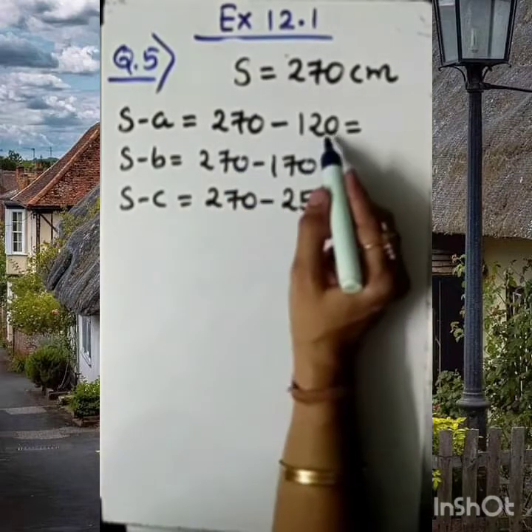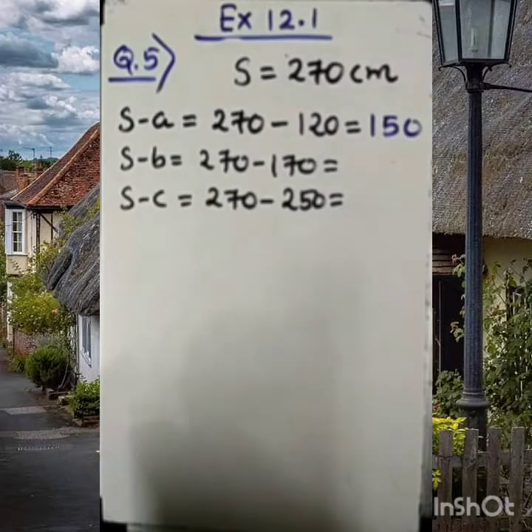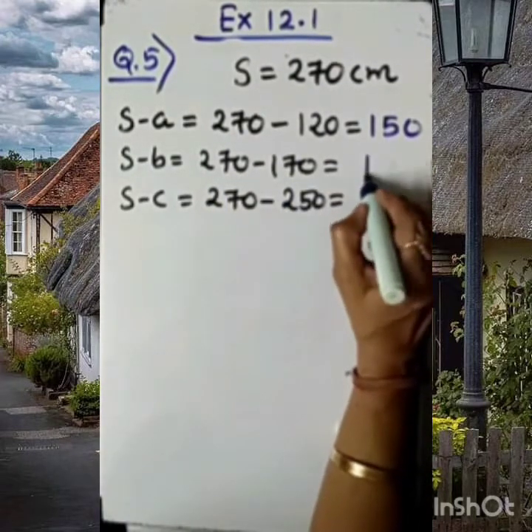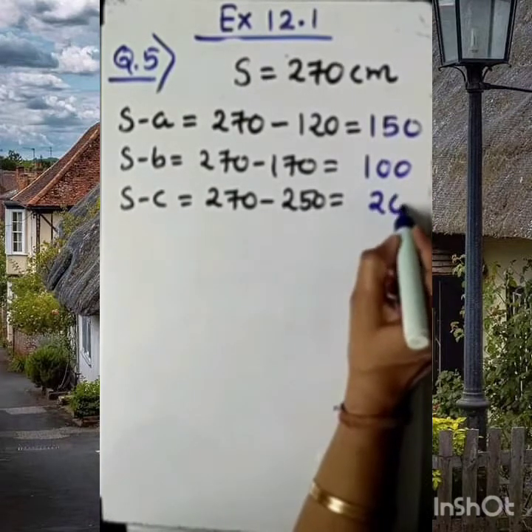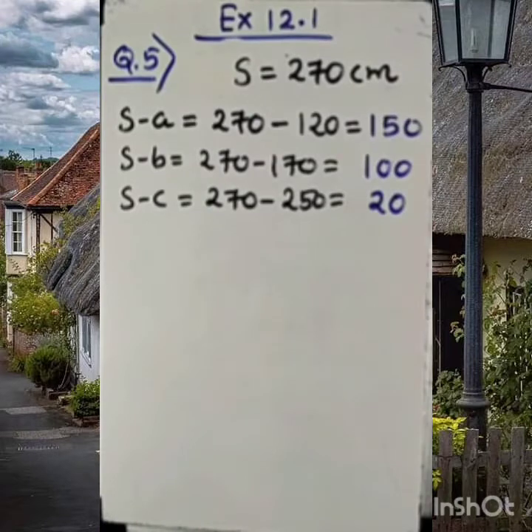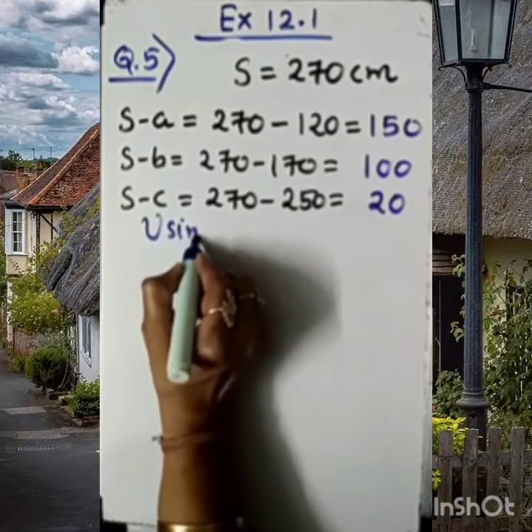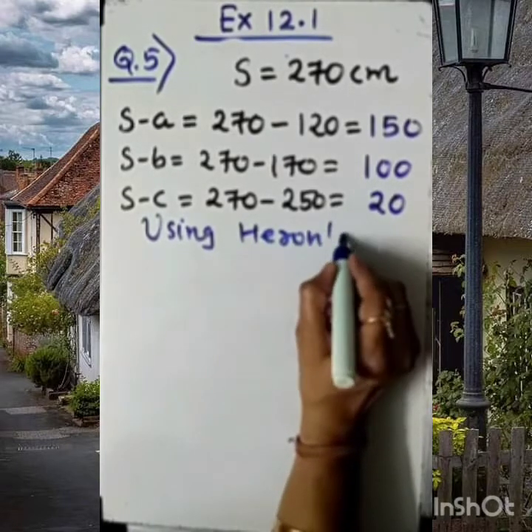270 minus 120 is 150. 270 minus 170, that is 100. 270 minus 250 is only 20. Is it correct? Now, using Heron's formula. All of you know very well, we are already well aware of Heron's formula.